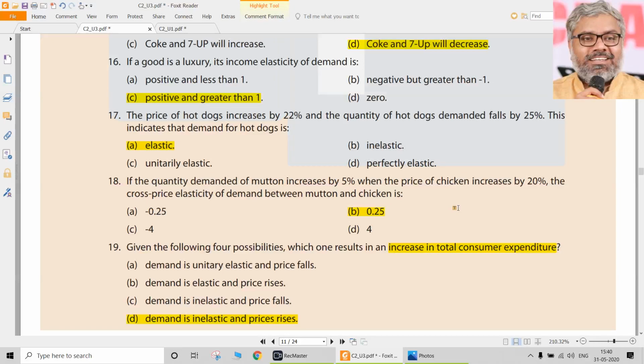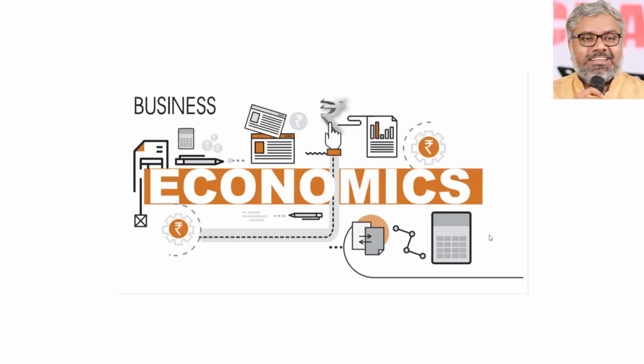So keeping them in mind, revise the chapter very well, all the concepts of demand, computation of elasticity of demand, and not only that, even the budget method or total outlay method is asked many times. How to calculate the elasticity of demand is also going to be one of the important aspects. So be thorough with all the things we discussed in the earlier classes. The more thorough we are, the better we will be able to answer the questions comfortably, and naturally that will result in more marks, right?